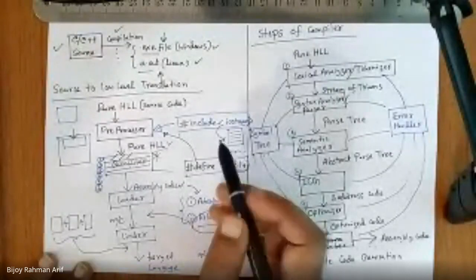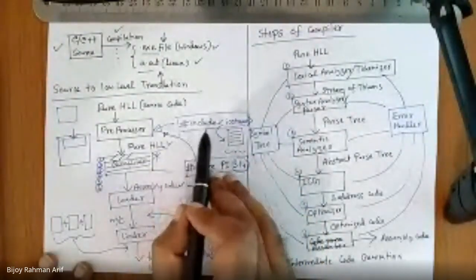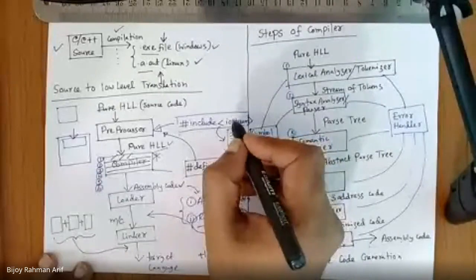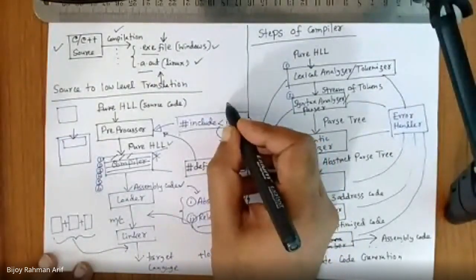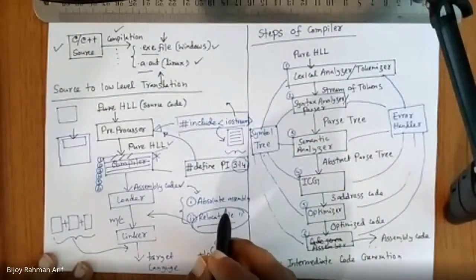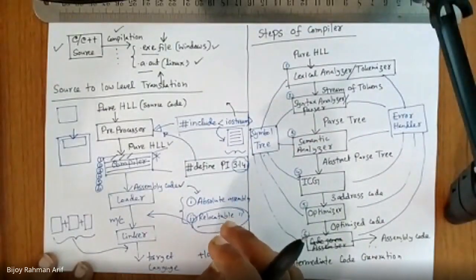When we give this instruction, hash include iostream, this line instructs the source code to link to some sort of file called iostream, so that we can use iostream functionalities like cout, cin, and those things.